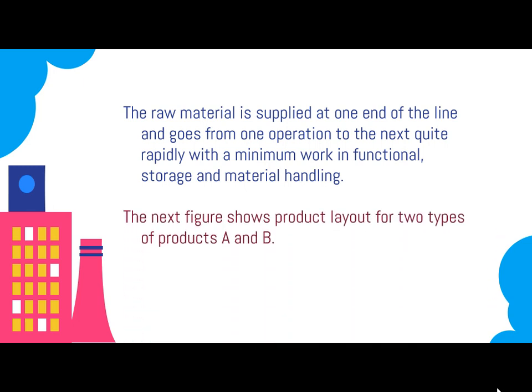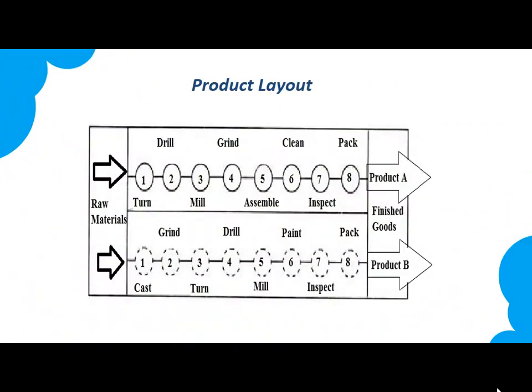The next figure in the PPT shows product layout for two types of product, that is, product A and product B. Just look at the figure. So this is a typical example of product layout. On the left hand side, we can see the input raw materials. Concentrate on the upper part, where the output is product A, which we can see at the right hand side corner. Product A and product B are finished goods. Now just see the type of product layout.